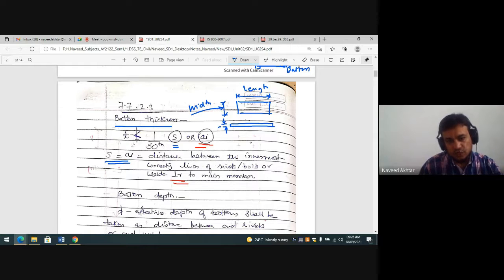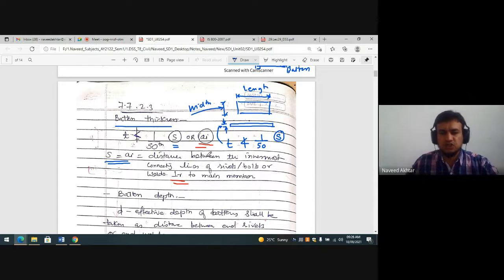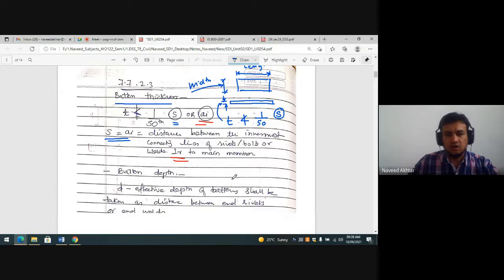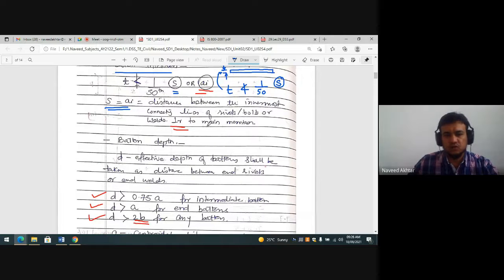This thickness of batten is denoted by small t, and this t should not be less than 1/50th of your S. And S is nothing but the distance between the innermost rivet line or the bolt line, perpendicular to the main member.